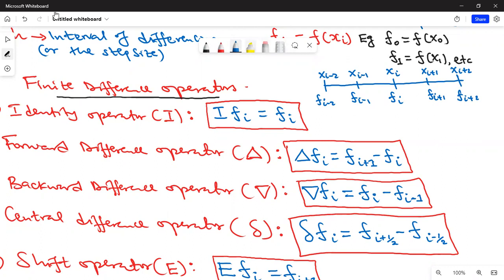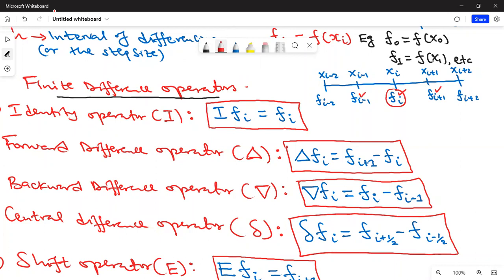So when you take the forward difference of Fi, it is the next, which is Fi plus 1, minus the current, which is Fi. That's what we meant. When you talk of backward difference of Fi, it is the current minus the previous, Fi minus 1.